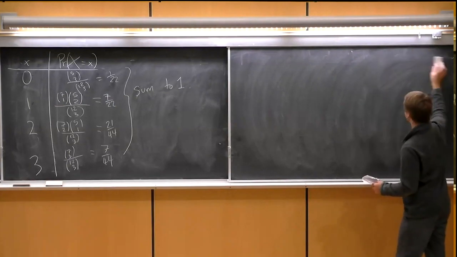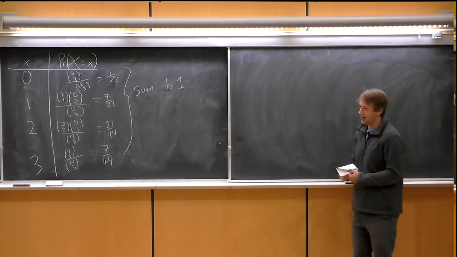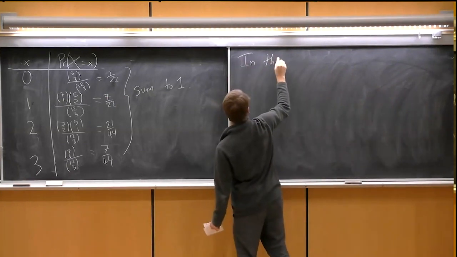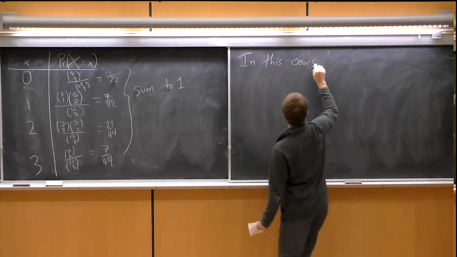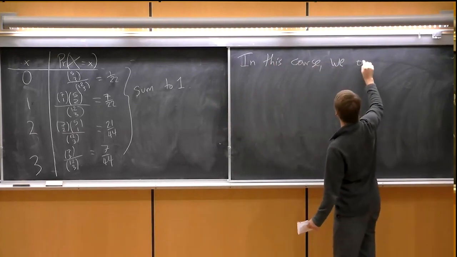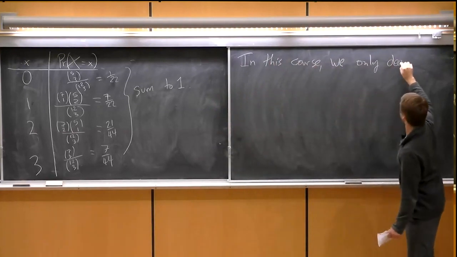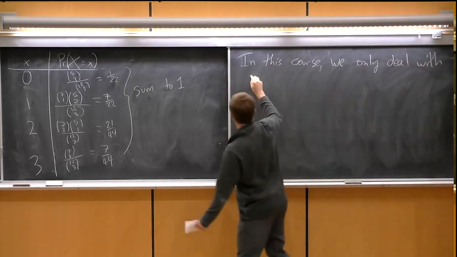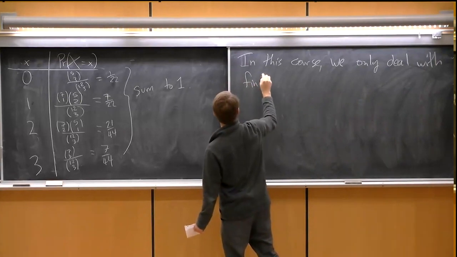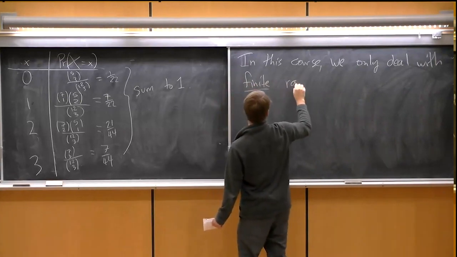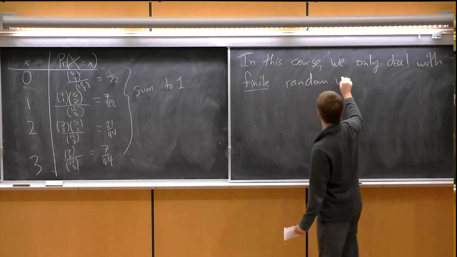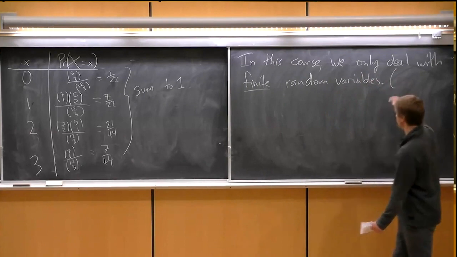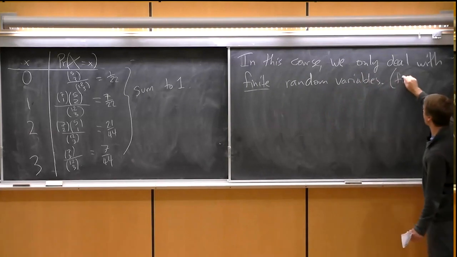So one thing to note about this is that in this course, we only deal with so-called finite random variables. So you've only got finitely many possible outcomes, right?